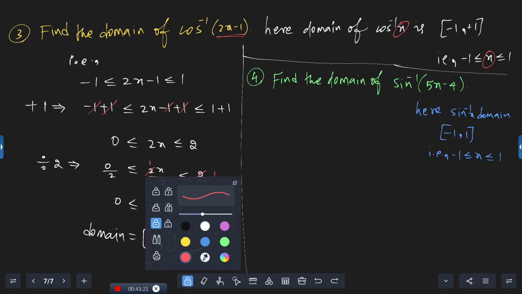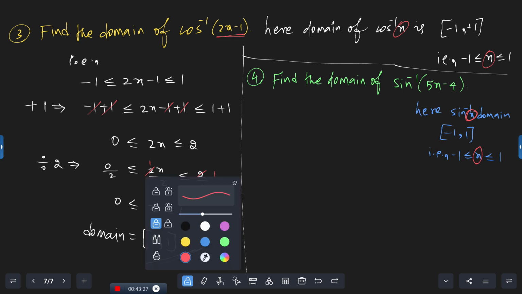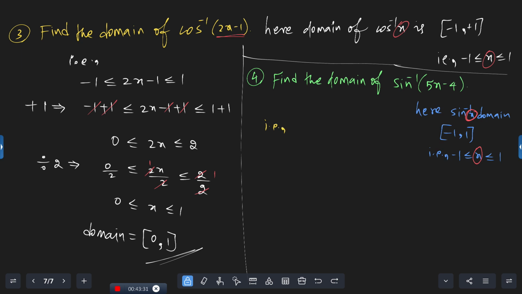Here also you should realize that where x comes in the middle we give x. In the same manner, here: minus 1 less than or equal to 5x minus 4 less than or equal to 1. What we have here we have to put in the middle. Now to find x, add plus 4 on both sides, then only can we remove this minus 4.